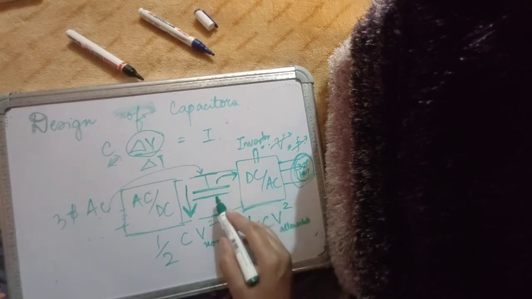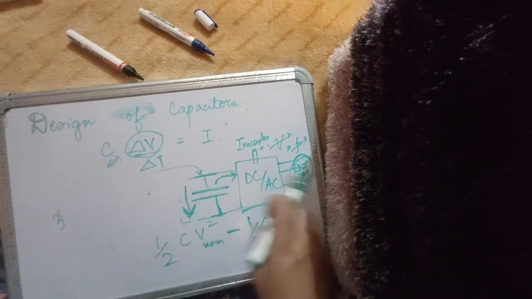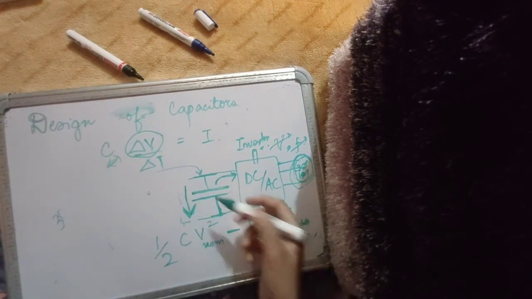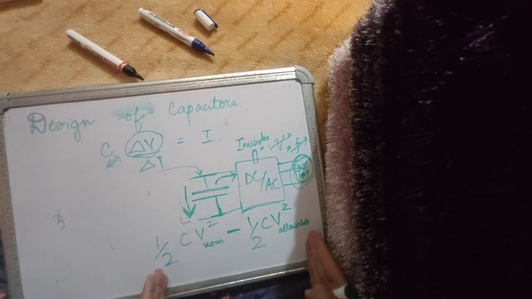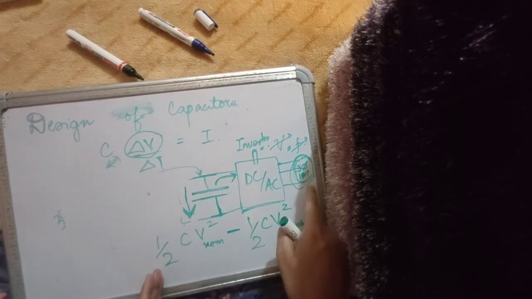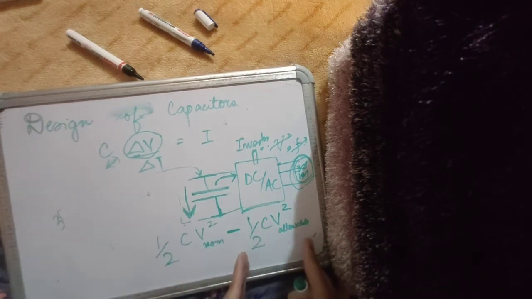So once an outage has occurred and it's feeding my load, once it has lost its energy, its voltage has fallen to the allowable value, and the total loss in energy is what has been supplied to this machine. So this is the energy before the outage minus the energy after the outage, half CV nominal squared minus half CV allowable squared.